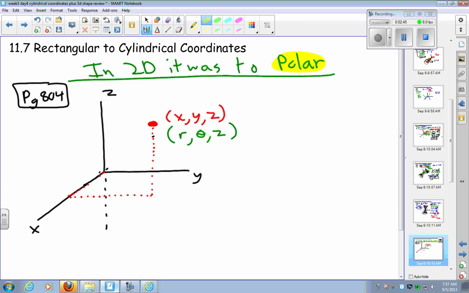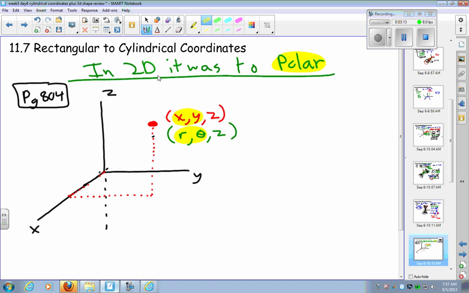You've changed x's and y's into r's and thetas. You already know this section then, because all you're doing is changing the x and y's to the r theta, so you're doing the 2D representation of changing rectangular to polar, and then you get to keep the z the same. So basically, cylindrical is polar plus the z component, okay?